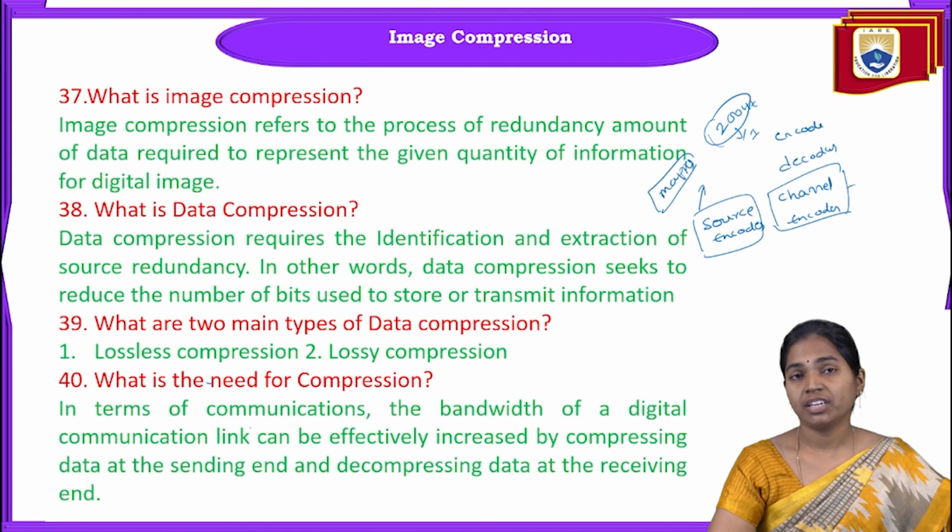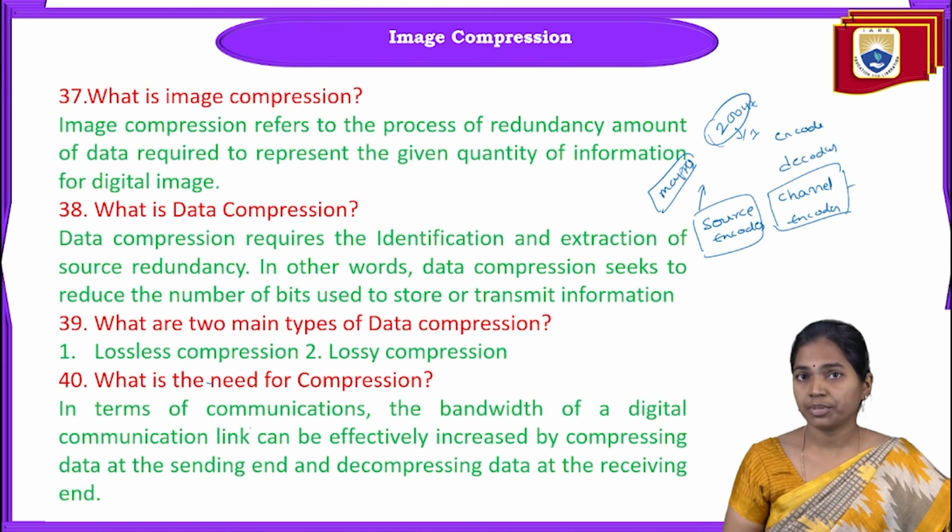In error-free compression we have different techniques: run length coding, arithmetic coding, and Huffman coding. Depending on our requirement and application, we use any one of the codes. Compared to arithmetic coding and Huffman coding, run length coding is very simple. So these are the definitions and terminology for our fifth module, image compression.